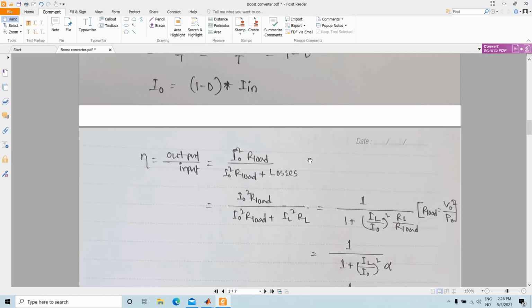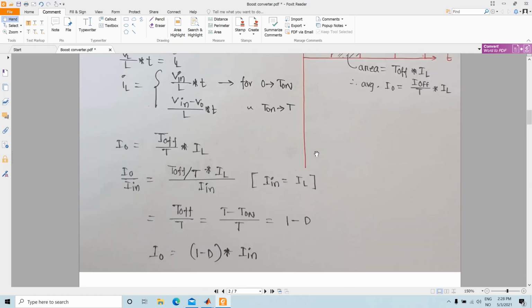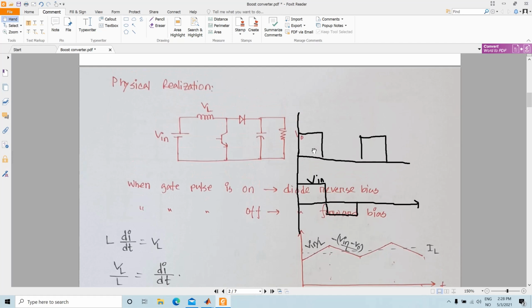Now these losses in the circuit come from all the non-idealities, for example, from this inductor. When the inductor is wound, it is basically a long metal wire that is wound to form the inductor. That means there is a physical length of the wire, and a certain thickness of this wire which contributes to the stray resistances.